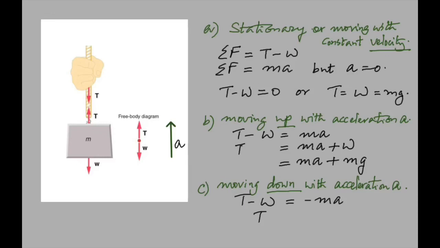Why negative m times a? Because you're going down, and down is negative. So when you rearrange that, you're going to get this. Weight is mg, so you're going to get T equals m times g minus a. So in the second case, the tension increases because it's ma plus mg. In the third case, when you're going down, the tension decreases.